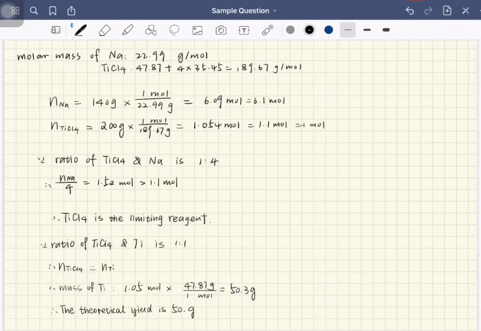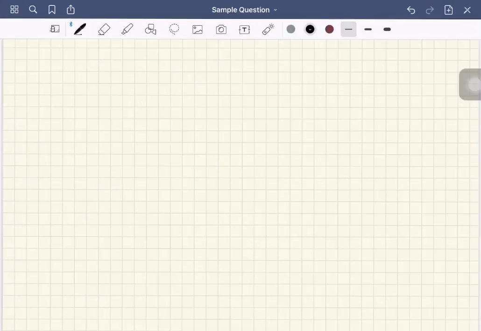So to make titanium as the limiting reagent, we can make sure the reaction of titanium tetrachloride is completed, and we can get titanium as much as we can, since the percent yield equals the ratio of actual yield over theoretical yield.